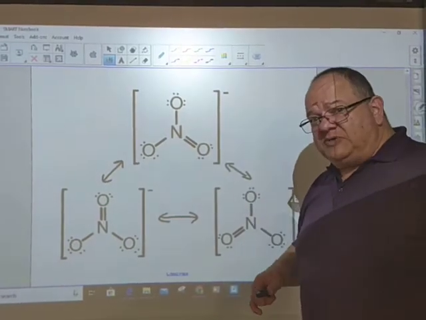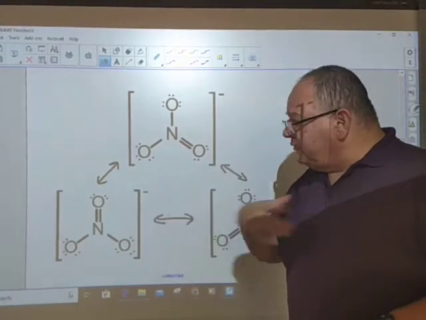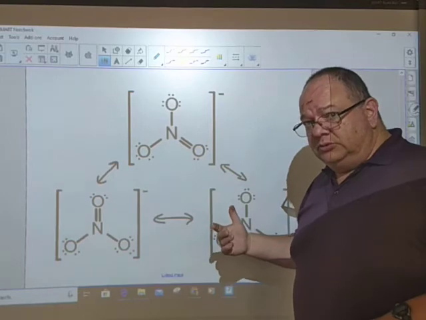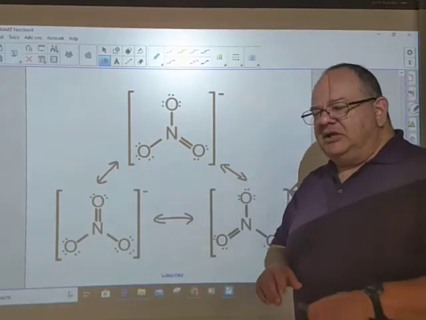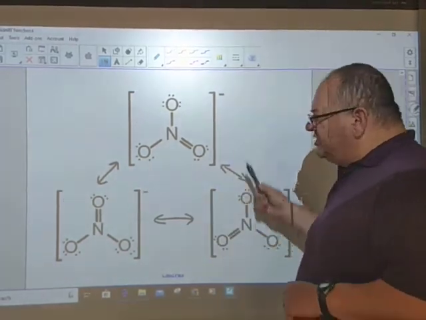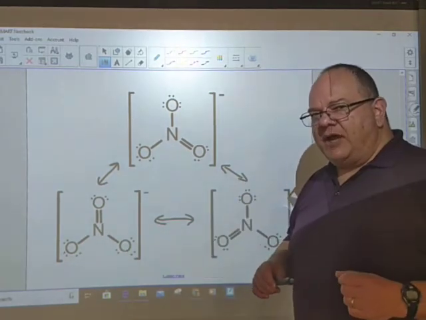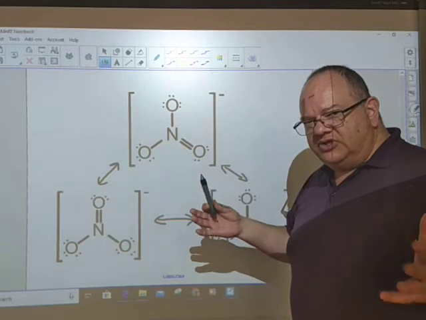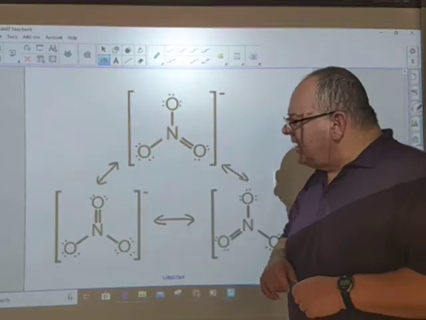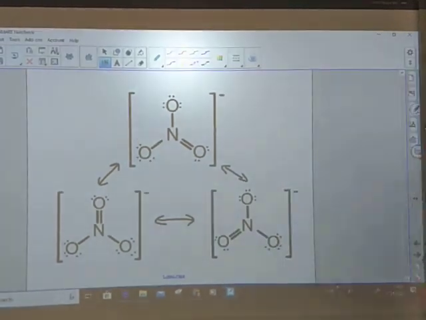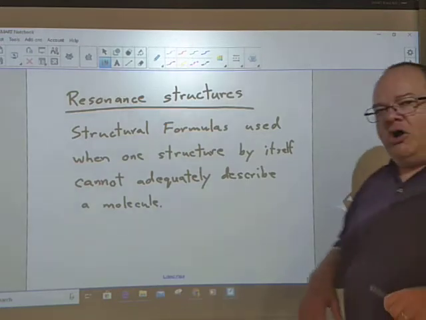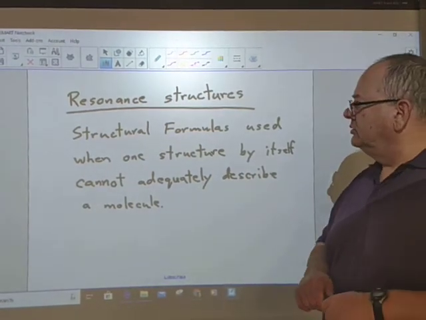Now, if I don't specify, I will accept from you if you just draw me any one of those. But if I ask you the question, when we have a situation where one structure by itself doesn't entirely describe the structure, the molecule or ion, what is this called? These are called resonance structures.